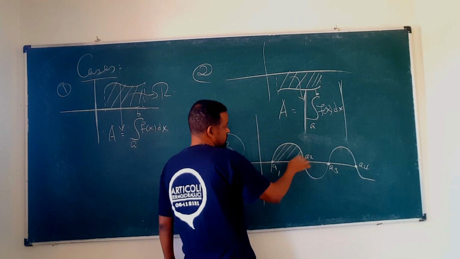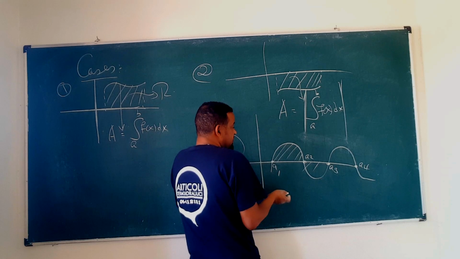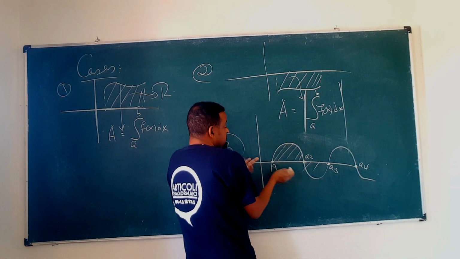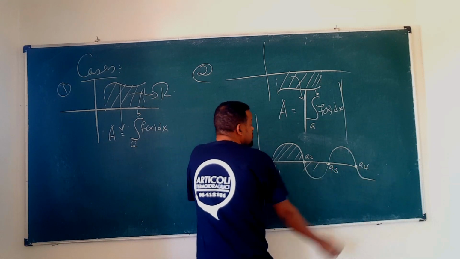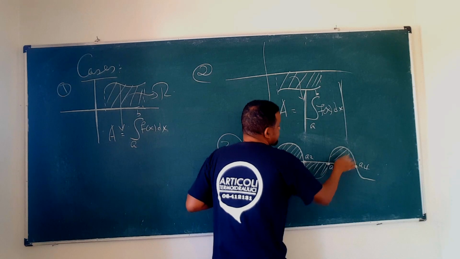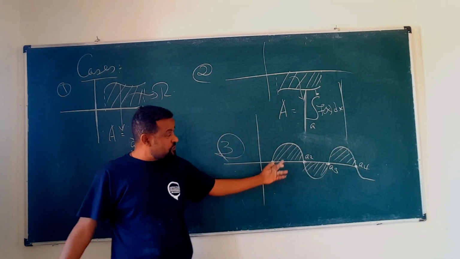So the area is here. Find the area of the region bounded by the graph of the function between the vertical lines a1 and a2 and the x-axis. When you are asked this, how many parts is the region divided into?